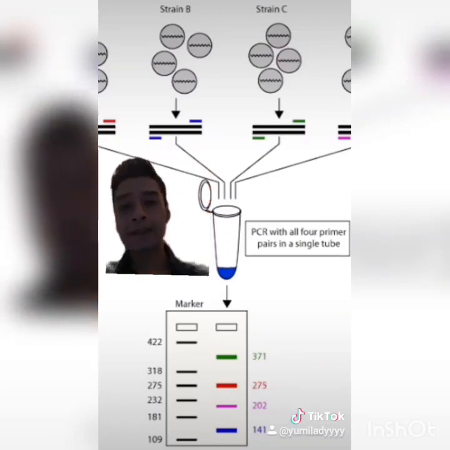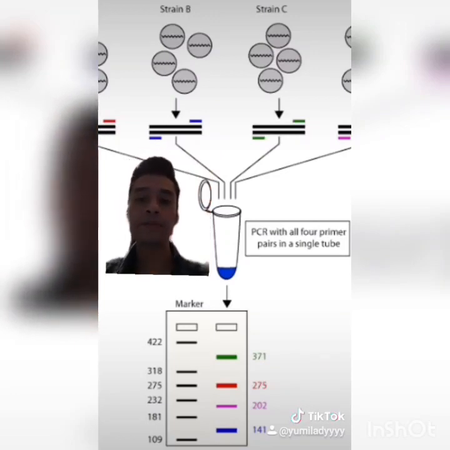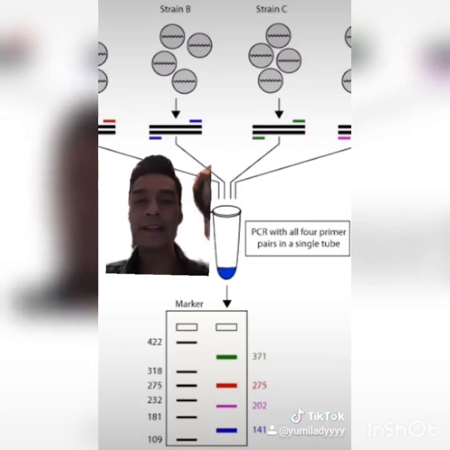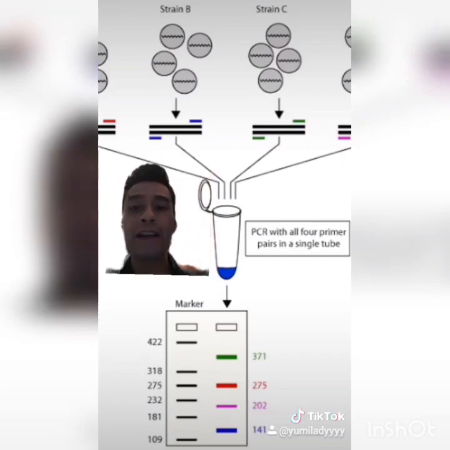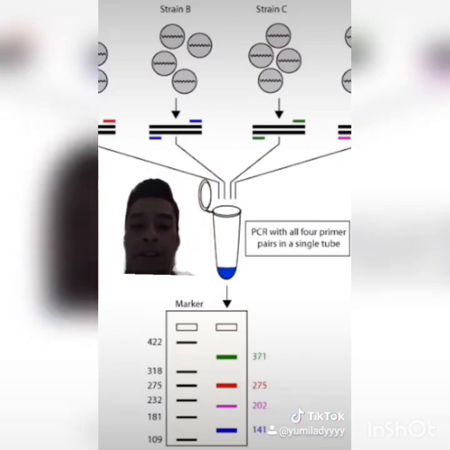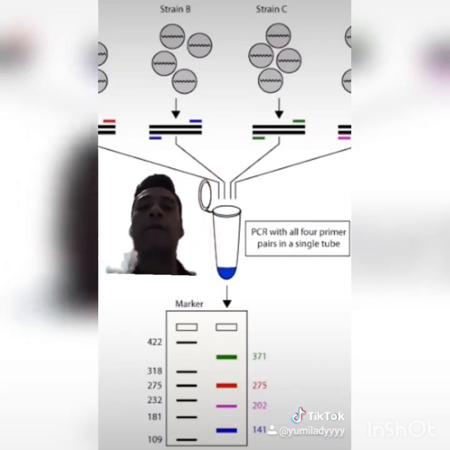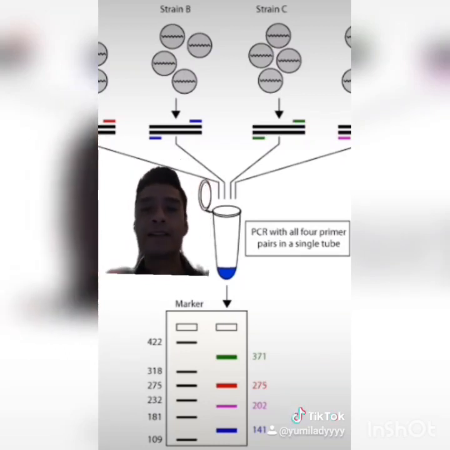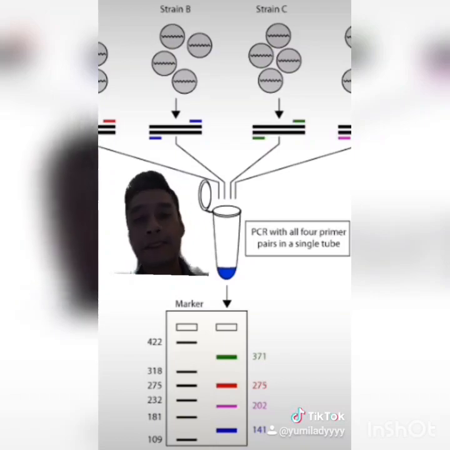And the last method that I'm going to use is multiplex PCR. This process amplifies the DNA in samples. I choose this method because I want to detect some genes called oxacarbapenemases in the CRAB strains.